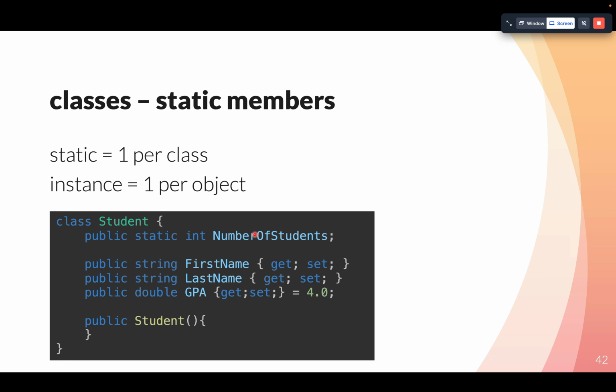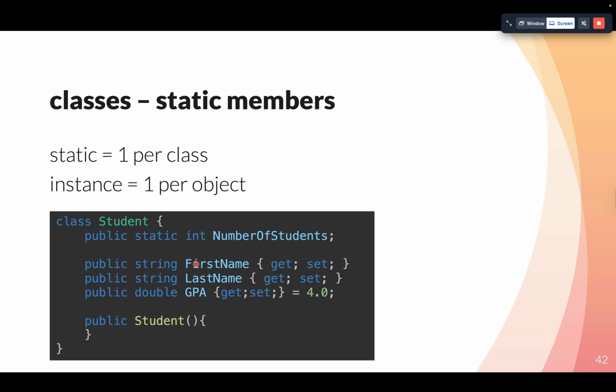In the same way, if you have a method that's static, then it can exist before any instance is instantiated. If we had a compute GPA method, you couldn't call compute GPA until you instantiated one student to compute their GPA.